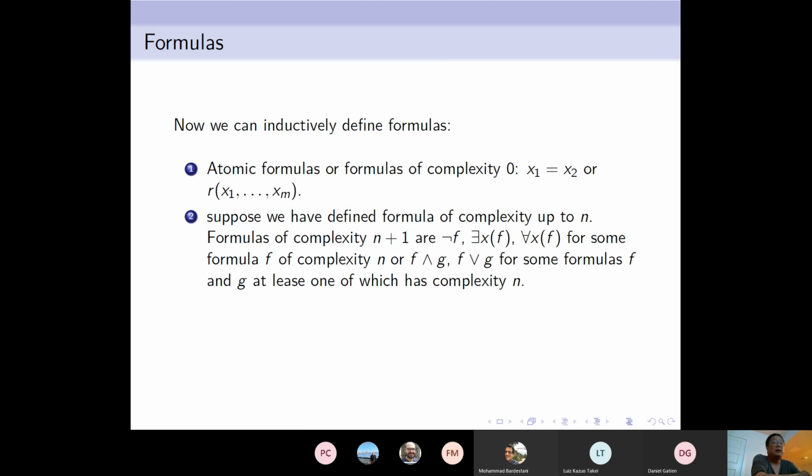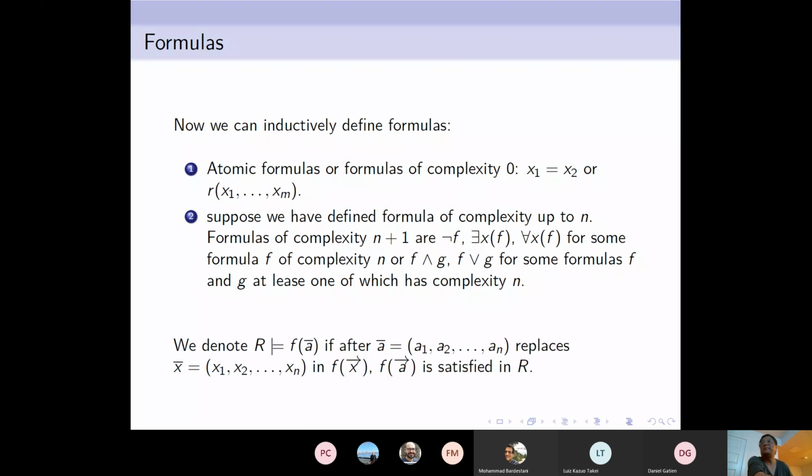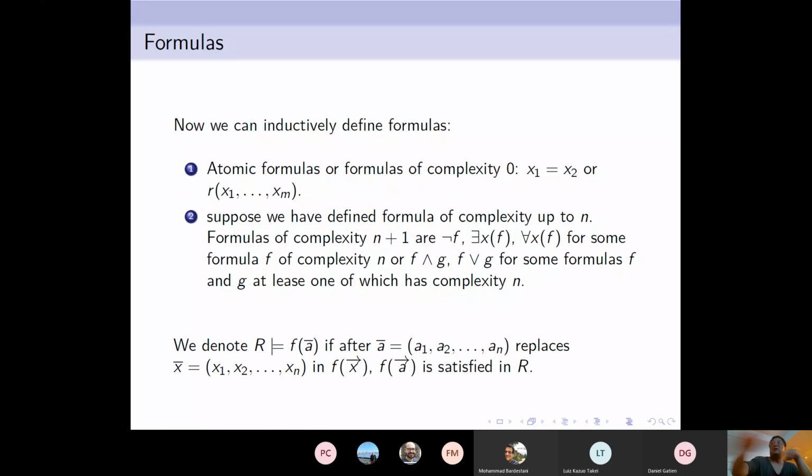Okay, so that's the formulas. Now we define what this notation means.